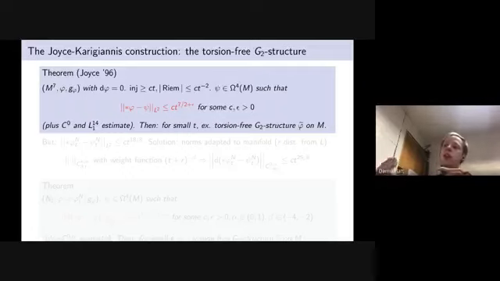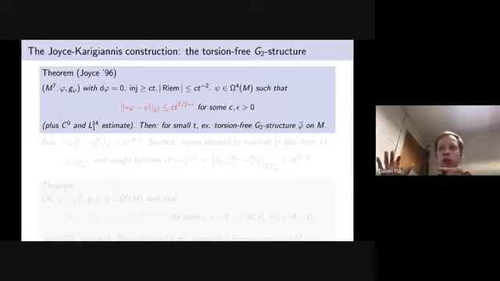If you have a psi such that star phi minus psi, this difference measured in the L2 norm, is less than or equal to t to the 7 over 2 plus epsilon, then for small t there exists a torsion-free G2 structure phi tilde on our manifold.